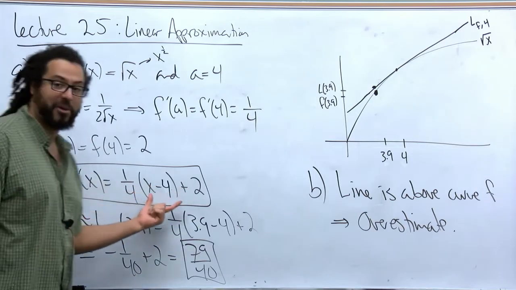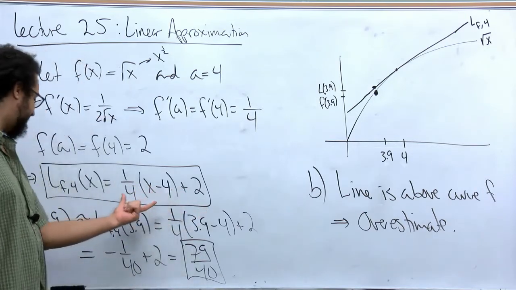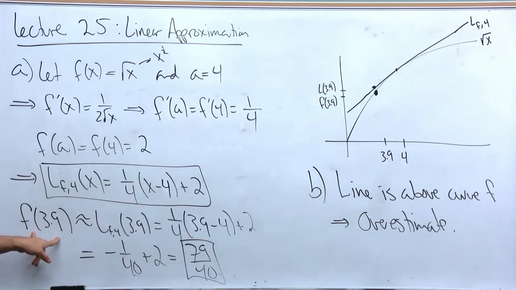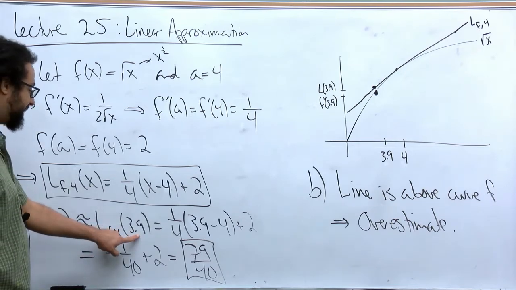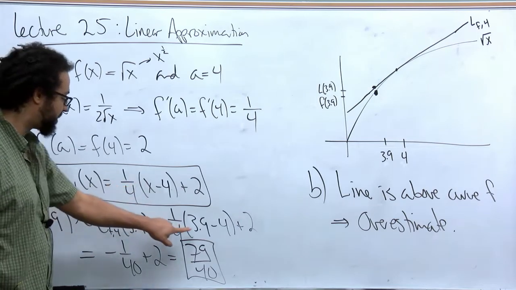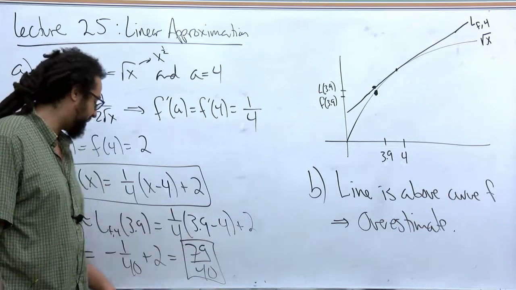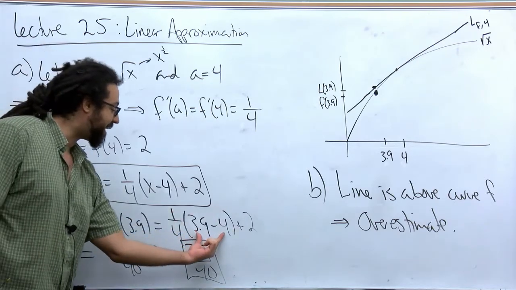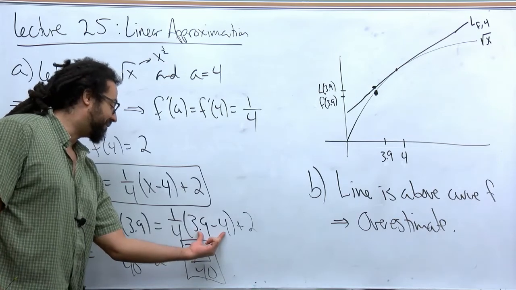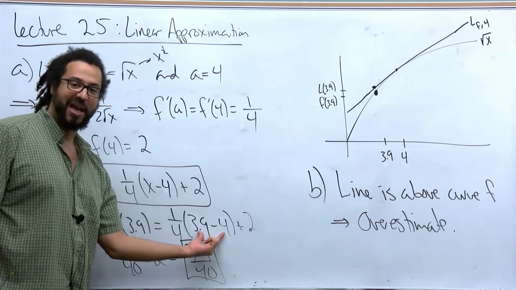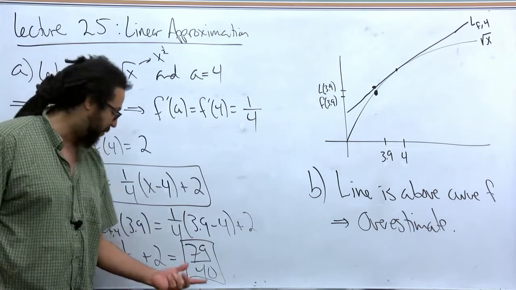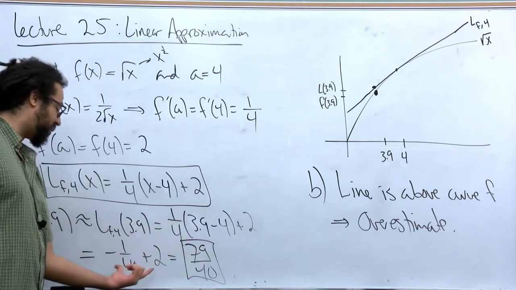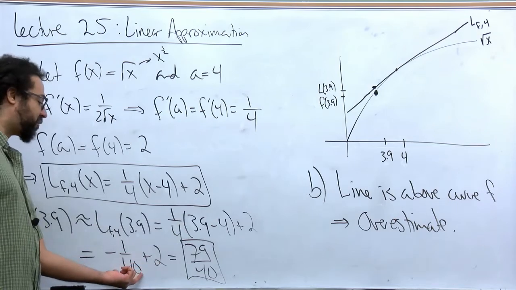And so I'm just going to plug 3.9 right into this. So f of 3.9, the square root of 3.9, is approximately equal to L of 3.9, and that is 1/4 times 3.9 minus 4, plus 2. So you work this out. This is really negative 0.1, which is negative 1/10, and then times 1/4, that's negative 1/40. So this is really just 2 minus 1/40.